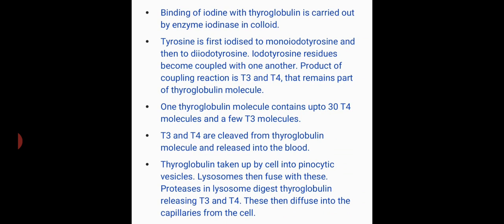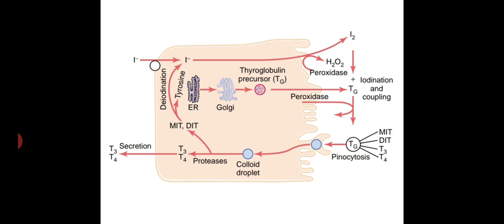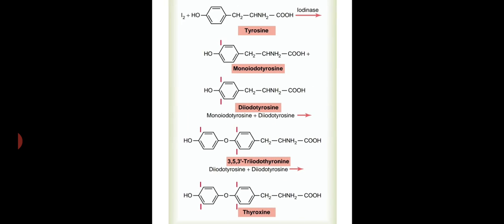Now next step is the organification of thyroglobulin molecule, that is binding of iodine with the tyrosine amino acid, and this is carried out by the enzyme iodinase. Tyrosine is first iodized into monoiodotyrosine and then into diiodotyrosine.